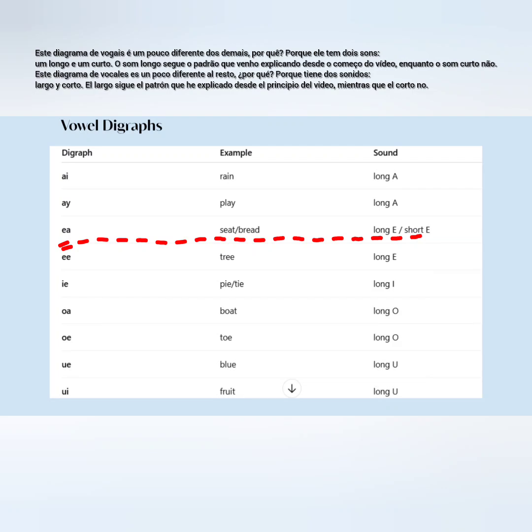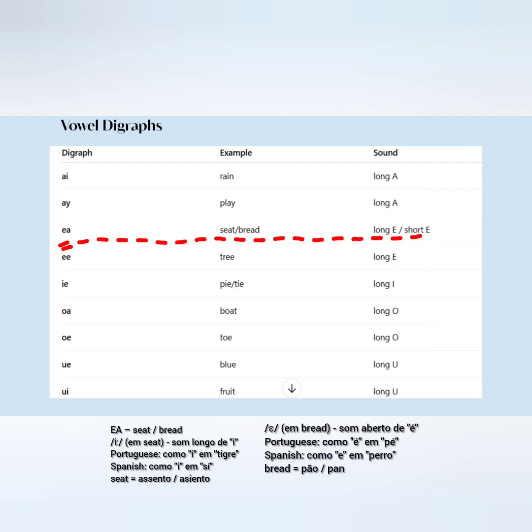So you pronounce the first vowel, E, and A will be silent, so it will be E. So it's a long E. While the short sound, which is the short E, you pronounce it as eh, as in bread. And for the long E, it will be sit.